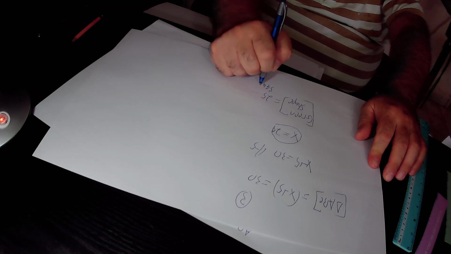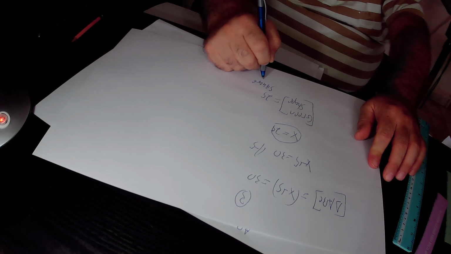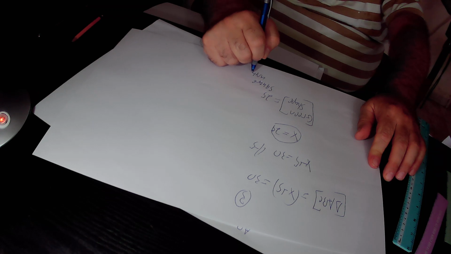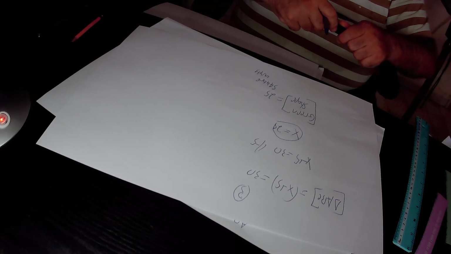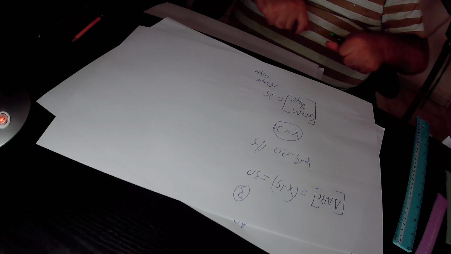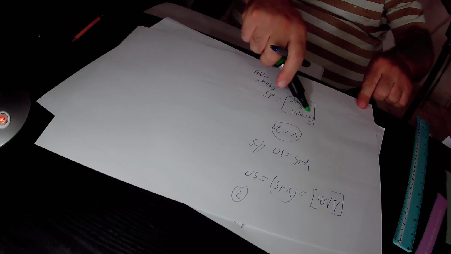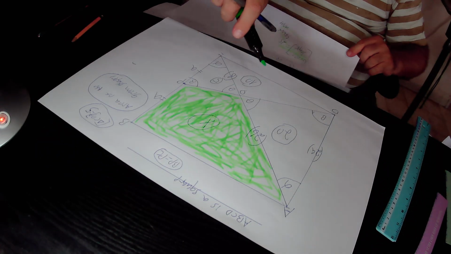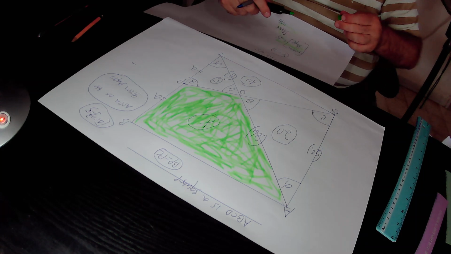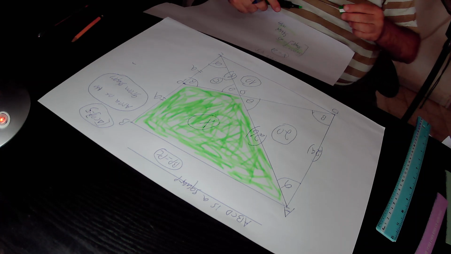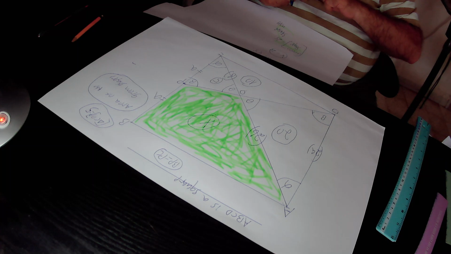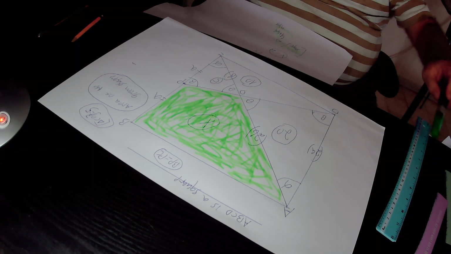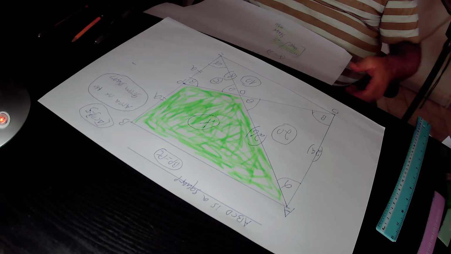And that is the answer to the question. Repeat again: the area of this gray shape, that is the area that we are looking for in this question, is equal to 25 square units. So we finish with the second question. In the next step, I will summarize the lecture. We'll start with the first question, of course.